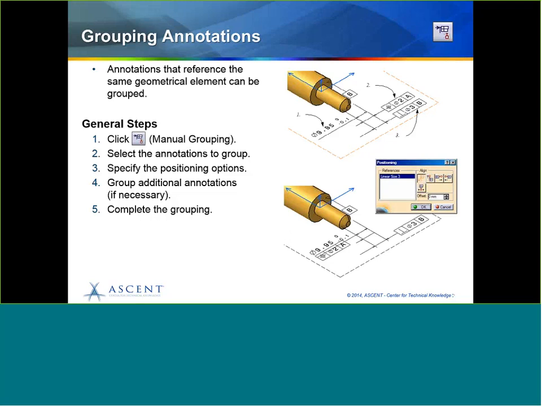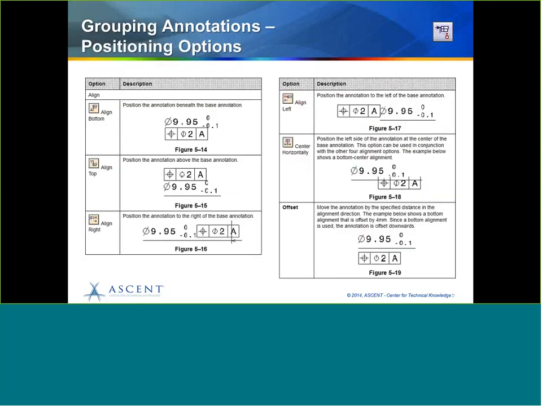And that is really only critical in the sense that when I go to edit the positioning of those annotations, I have to edit the position of the first annotation that I've grouped and then the second annotation that I've grouped. And we do that positioning using the positioning dialog box. And there are several options available within that positioning dialog box.